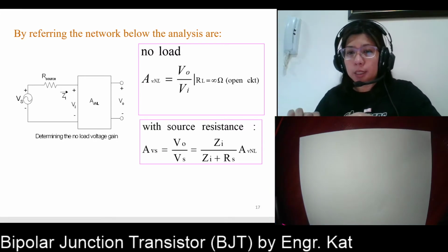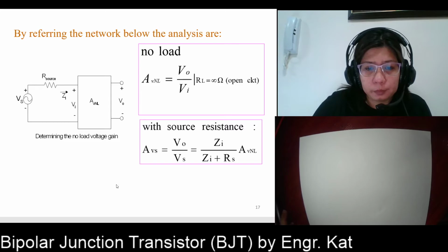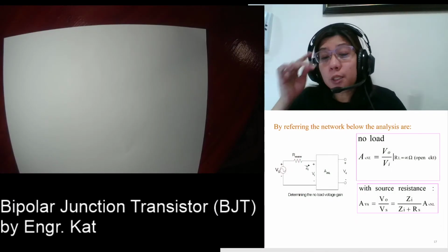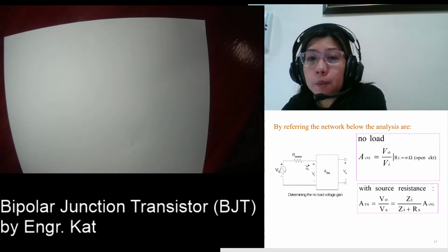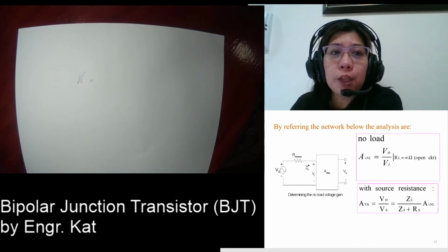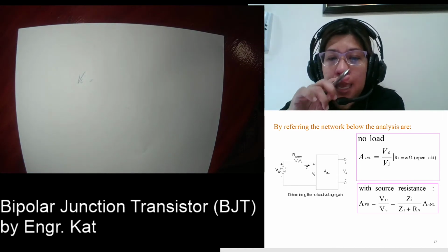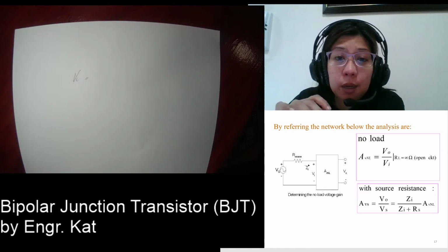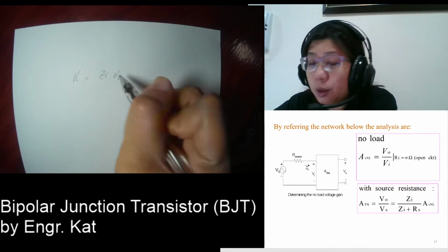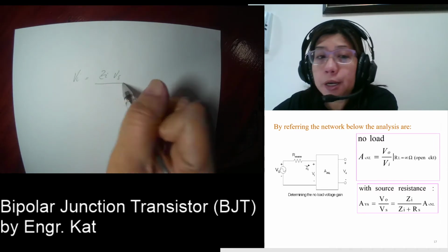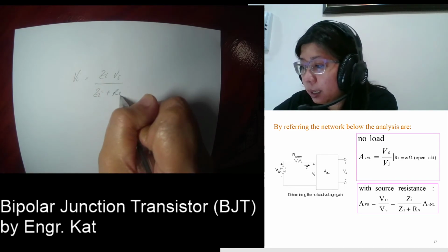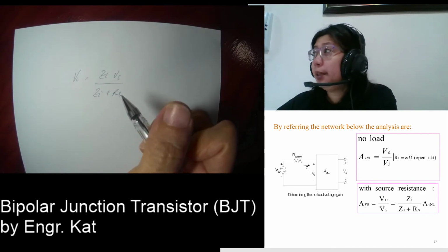In this case, class, we will be solving first for VI. By the voltage divider principle, what is VI? VI is directly connected in parallel to ZI. Therefore, VI is equal to ZI multiplied by VS over ZI plus RS, or the sensing resistor.